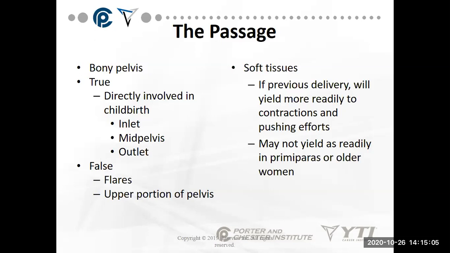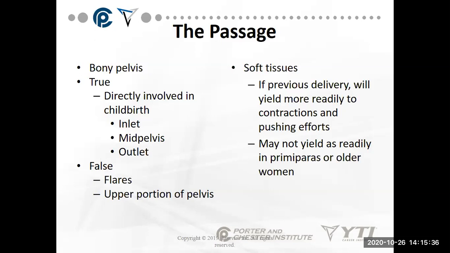The best one would be if the head is first, wonderful. If it's breech, it's a little more difficult to deliver. Many women with a fetus in a breech position will have cesarean sections because the head, which is the largest single fetal part, is the last to be born and may not pass through the pelvis easily because flexion of the head cannot occur.